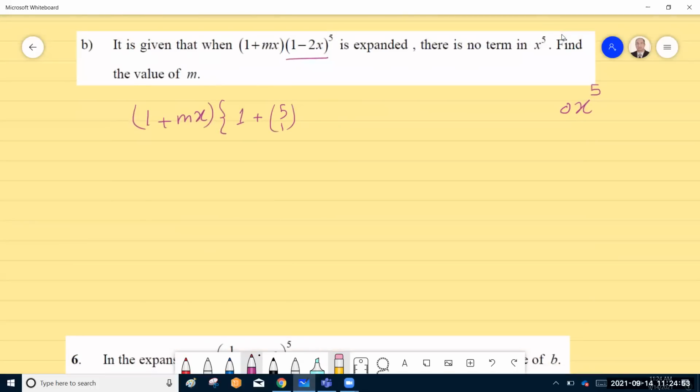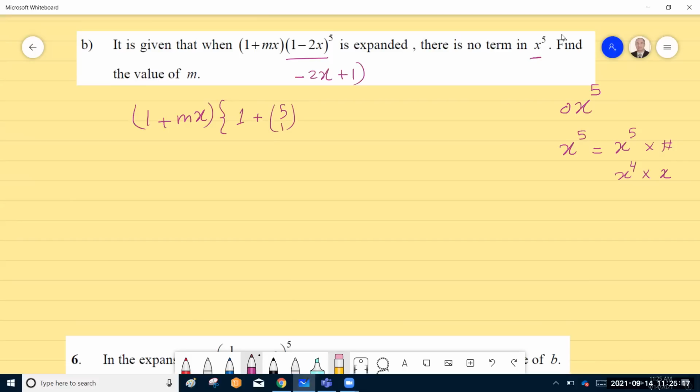So I can start, I want to get the x to the power 5. The x to the power 5 comes from a term x to the power 5 times a number, or a term of x to the power 4 times something x. So I need the term with power 5. I write negative 2x first, plus 1.